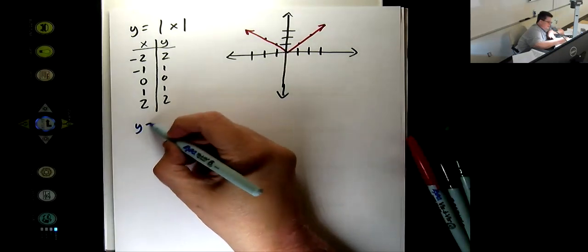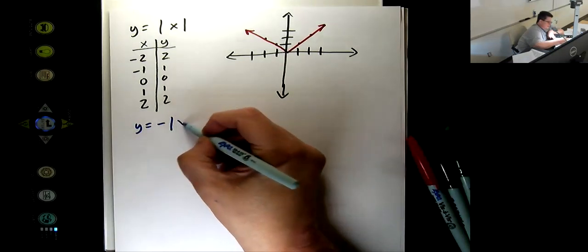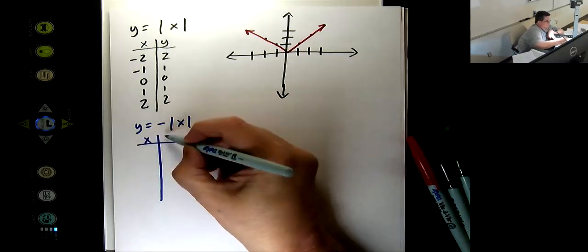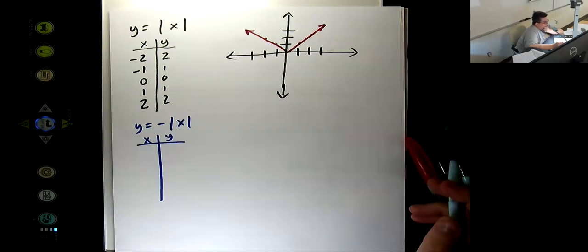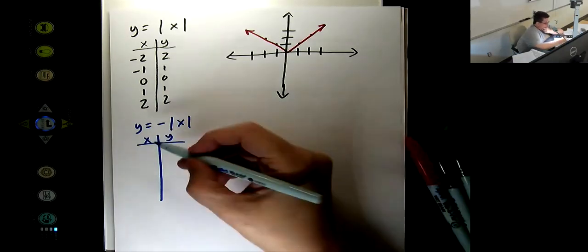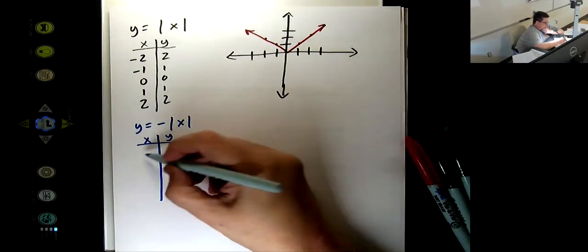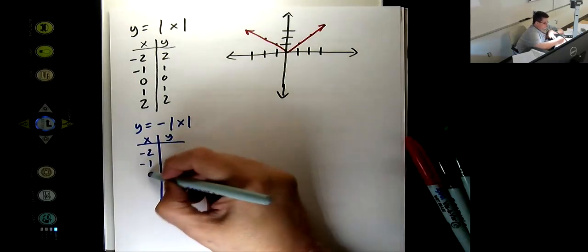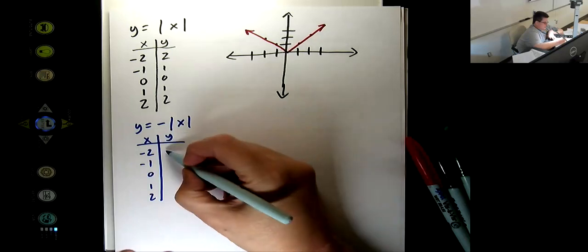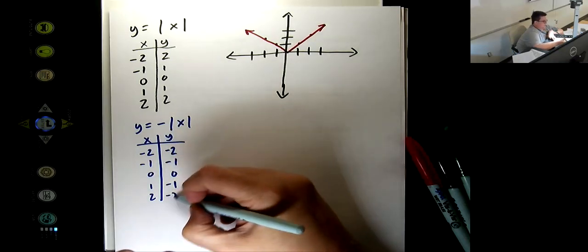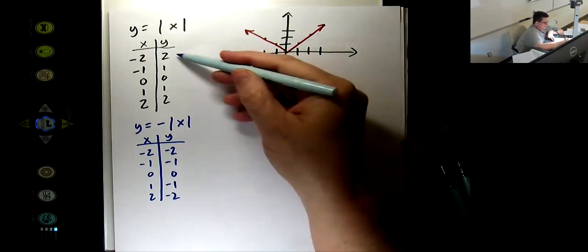What happens if I put a negative outside the absolute value? What does that do to our graph? The negative makes the right side negative, right? The absolute value is already addressed. And so it just takes what we had and makes it negative. So this will be -2, -1, 0, -1, and -2.